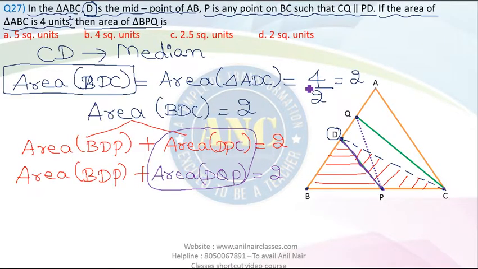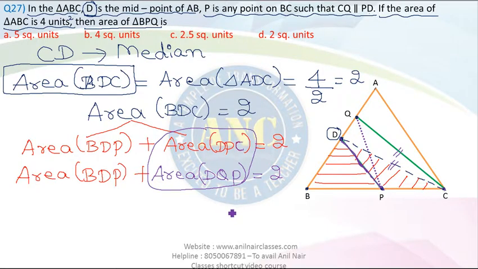Now, what are the two parallel lines? CQ is one of the parallel lines and PD is the other parallel line. These two lines are perfectly parallel to each other, although it is not looking like that in the diagram.